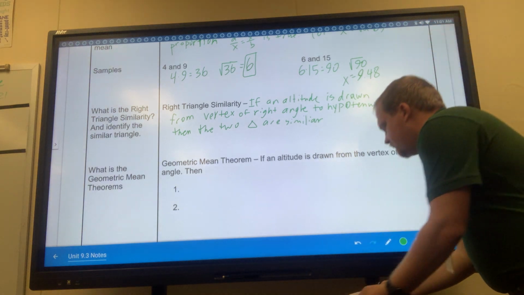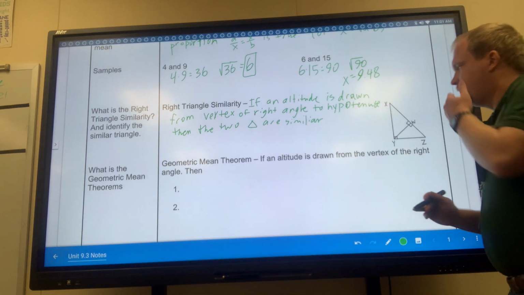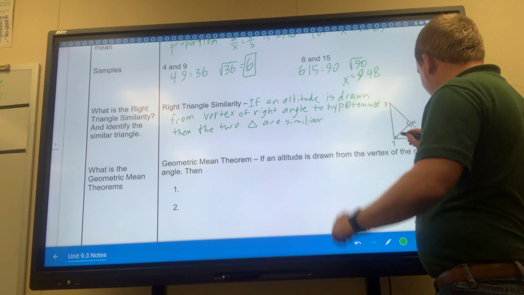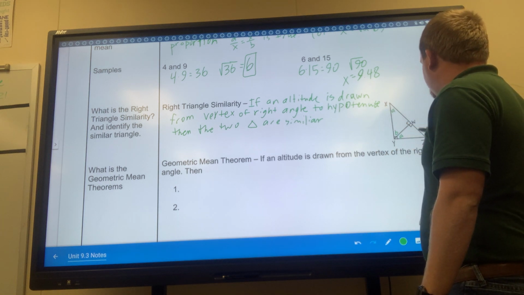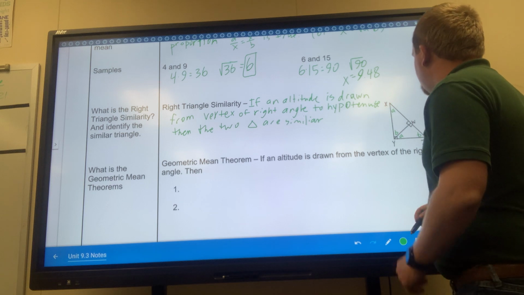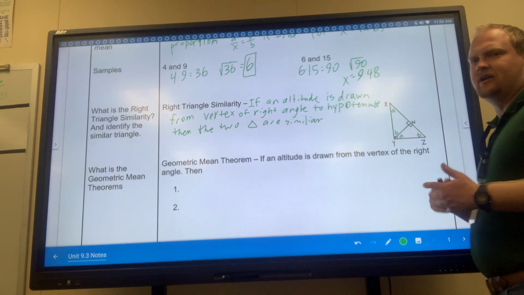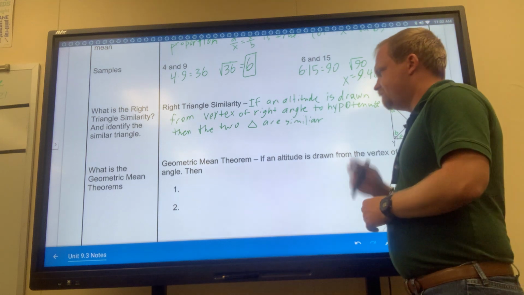I know it's kind of difficult to see, but for example, if this angle is A, the right angle here is B, and this is how we'll be able to figure out which one goes where.